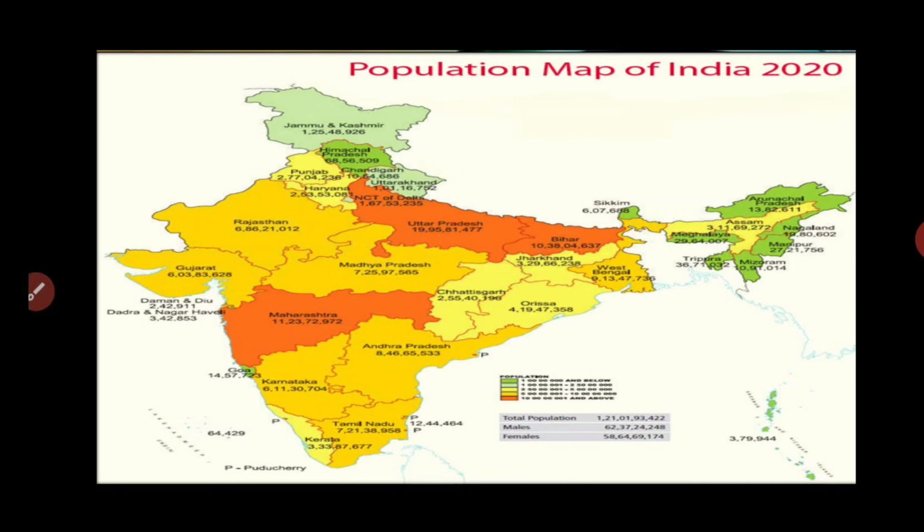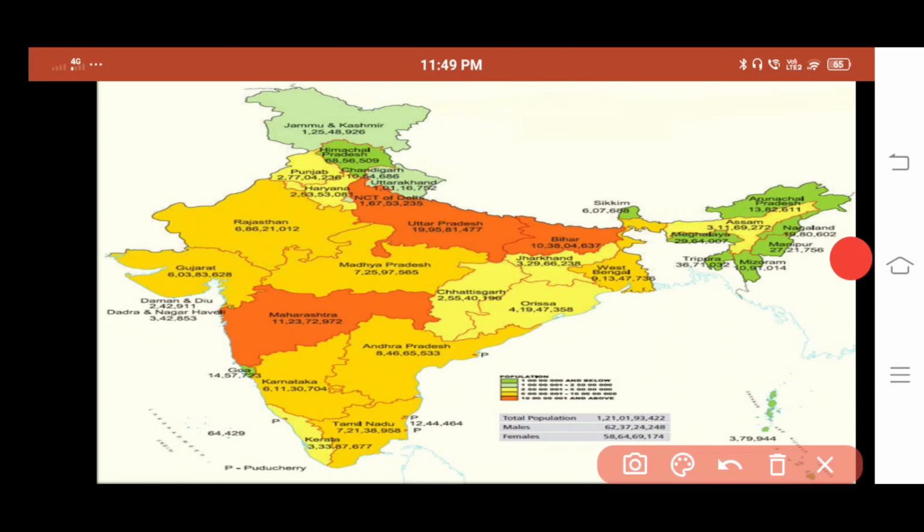For this, first we estimate the total number of people living in an area. Understood? For example, in a village, 1000 people are there. I am talking about a particular land, and in that land 1000 people are there. This is an example only.